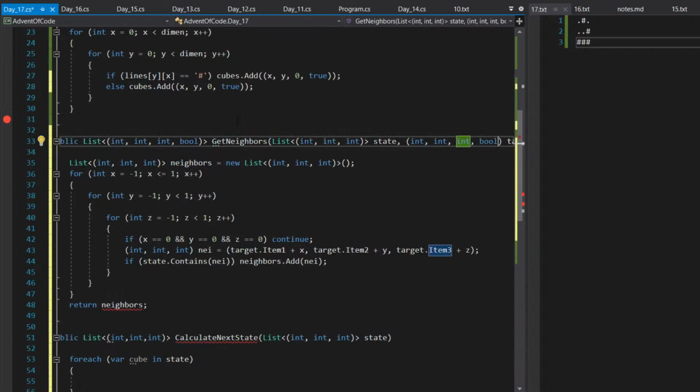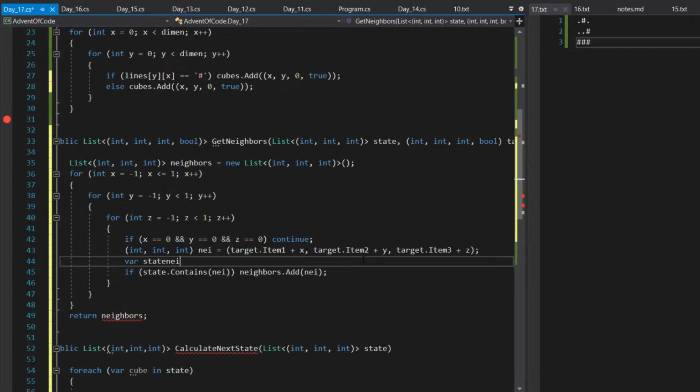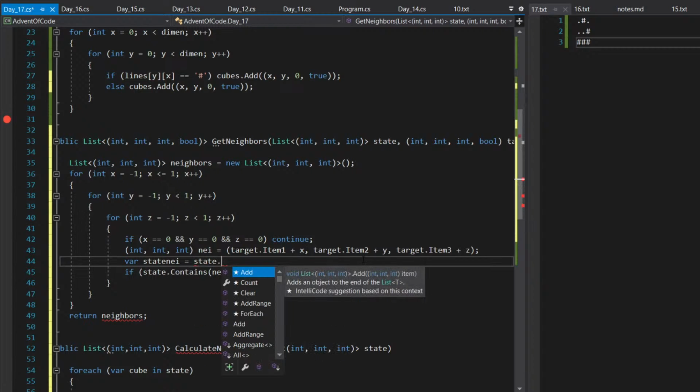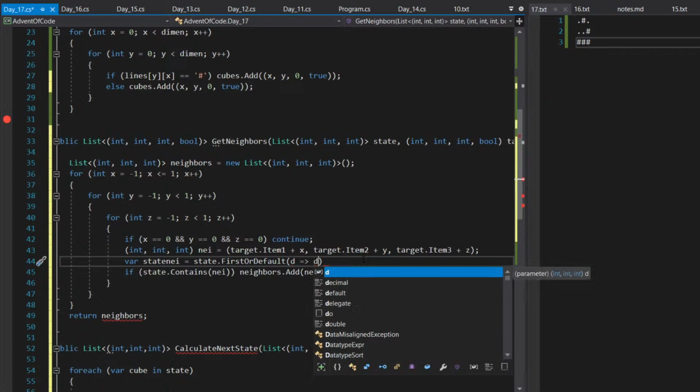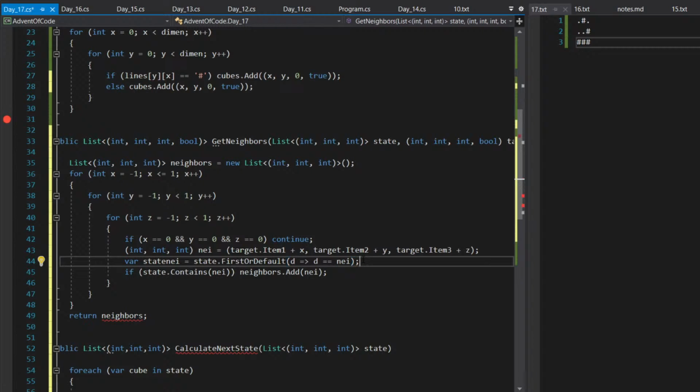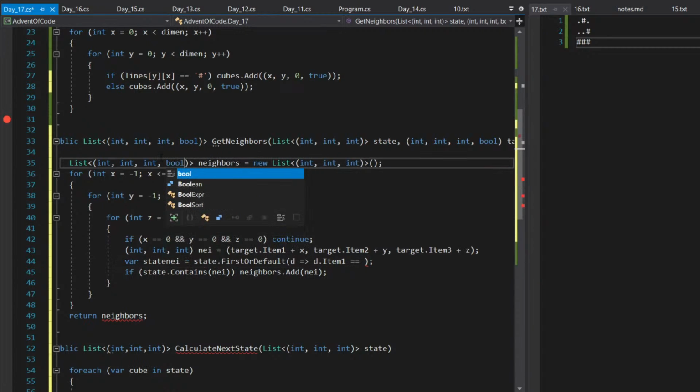You need a Boolean. Hmm. Yeah, it seems kind of dumb.